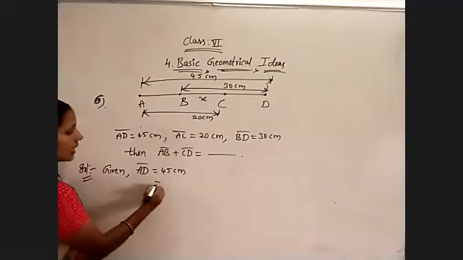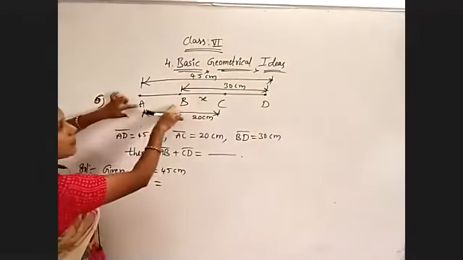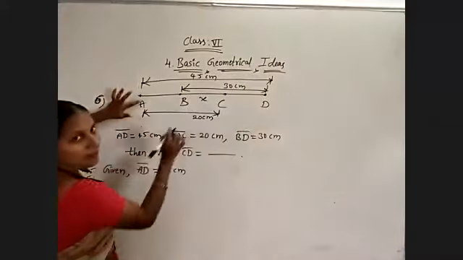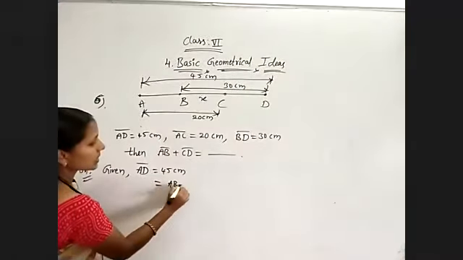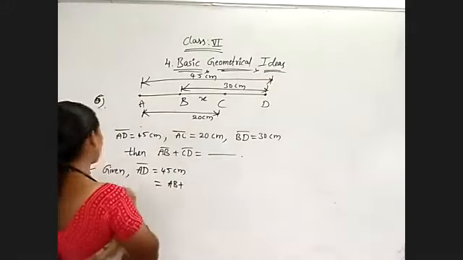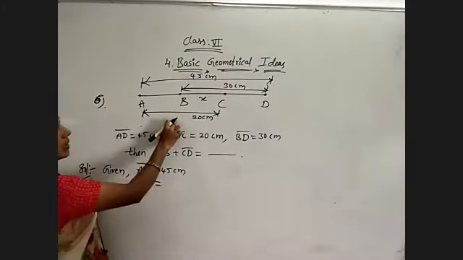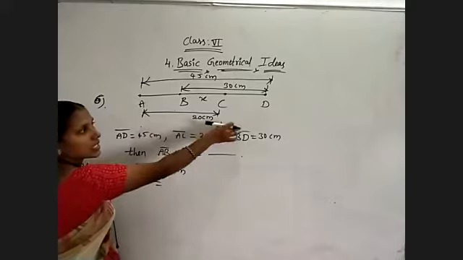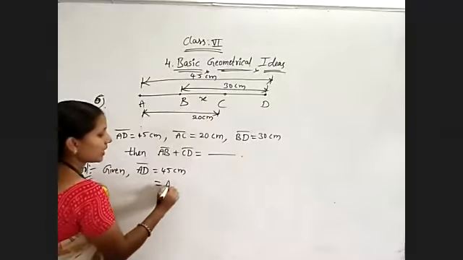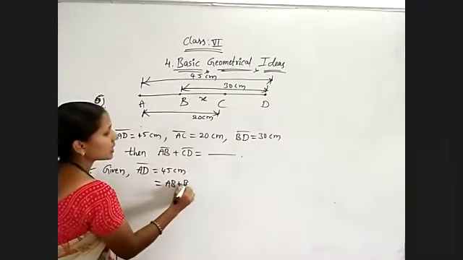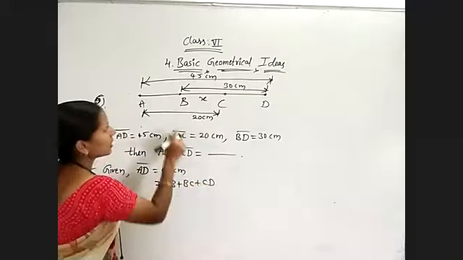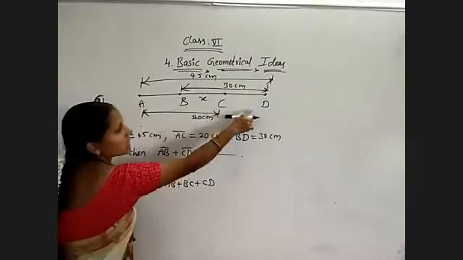Now AD is nothing but AB plus BC plus CD. I am writing AB plus BC plus CD. AB plus BC plus CD.